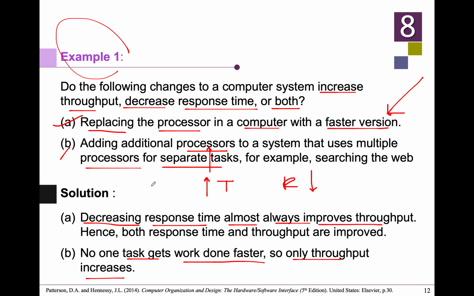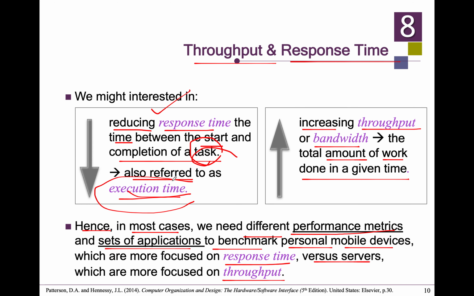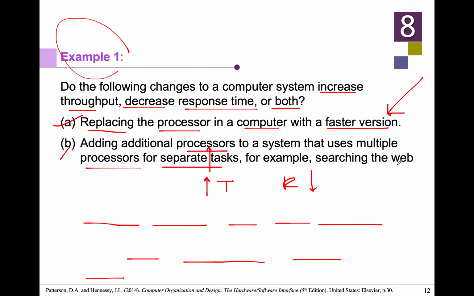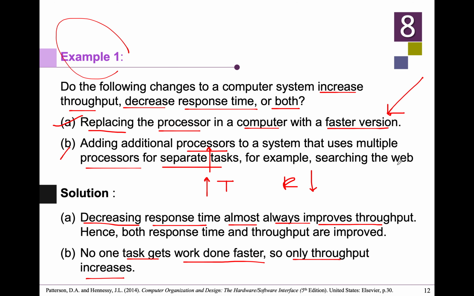Let's say one processor you open your Word window, one processor you are opening your PDF. So you're going to finish several tasks, the amount of work. Several tasks you can do in a given time. Maybe in one time you can have 2 tasks finished all together. So, as I mentioned, it's going to increase your throughput.